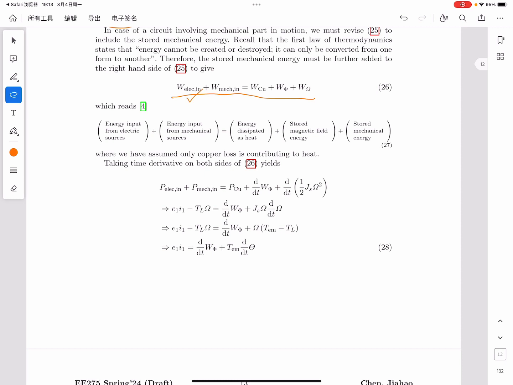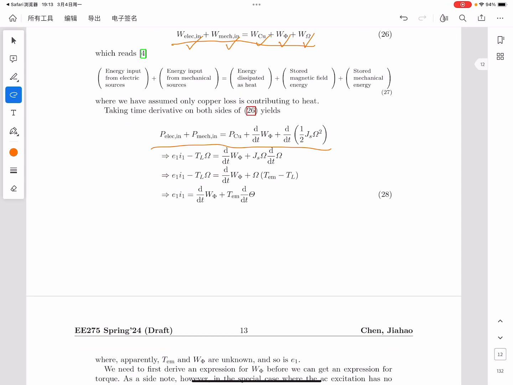So we have electrical input and mechanical power input, and those input powers will be converted into copper loss or Joule loss, magnetic energy, and the kinetic energy of a rigid body that is rotating.